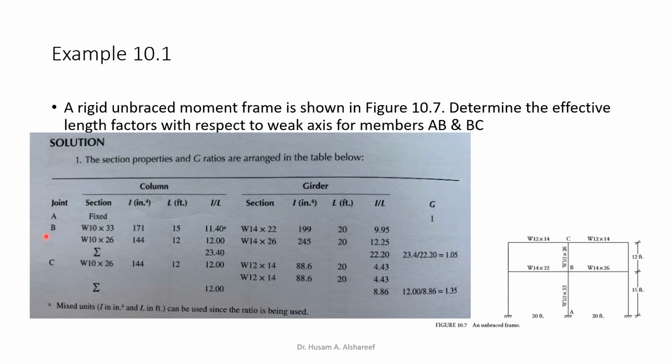Let's move on to point B. Point B consists of columns and girders. At point B, we have 2 columns, W10 by 33 and W10 by 26, and also 2 girders, W14 by 22 and W14 by 26. Let's work first on the 2 columns, and then on the girders.